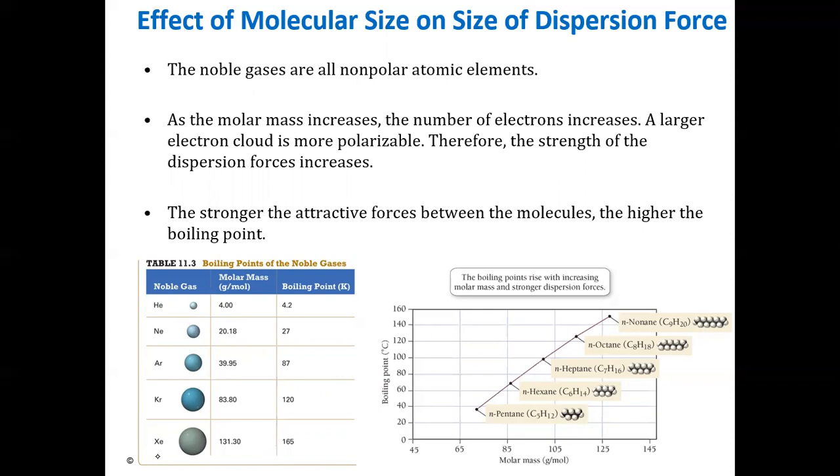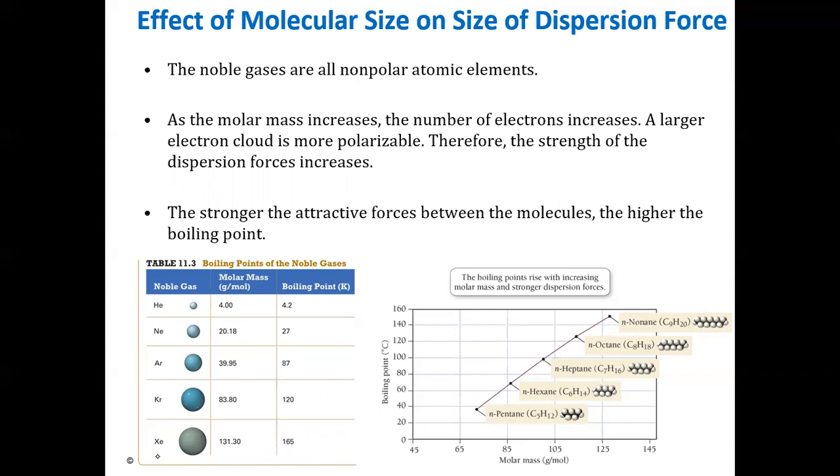The first one we're going to look at is the effect of molecular size. One example we could use is noble gases. We know that most of the time noble gases don't bond with anybody. There are some exceptions to that, but for the most part, they hang out by themselves.